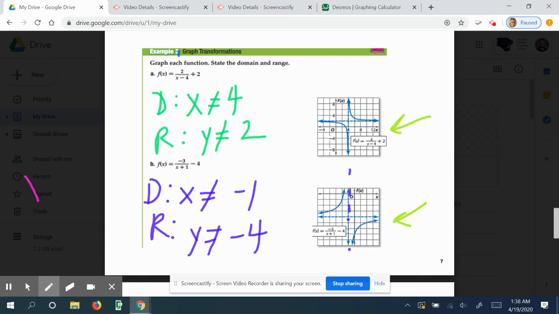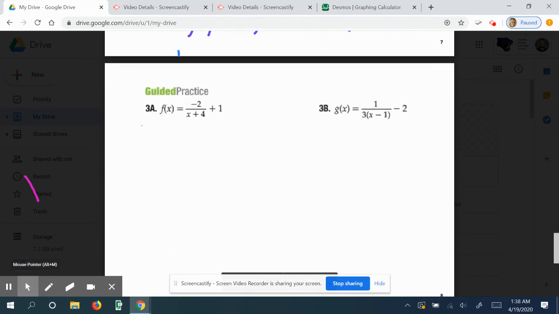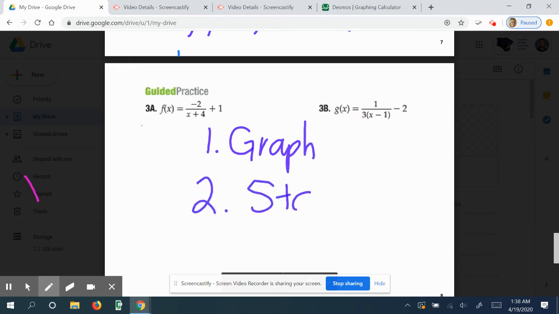Because there's 0, 1, 2, 3. There's -4, okay? So here's a couple guided practice problems that you can try. Start by graphing, okay? Graph, and then 2, state domain and range.